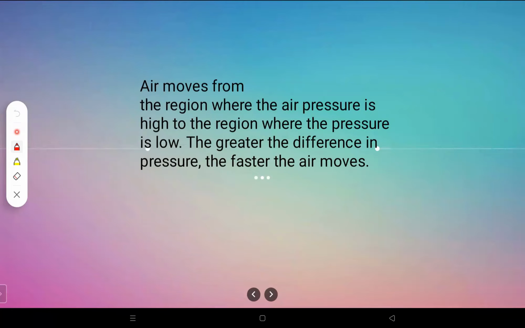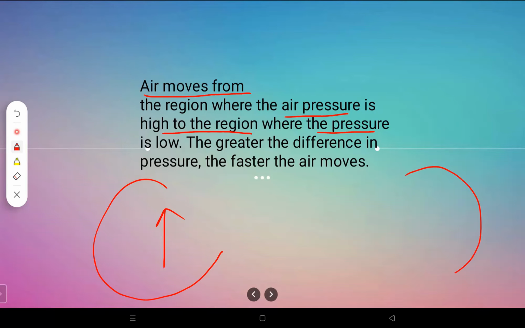So this is another characteristic. Air moves from the region where the air pressure is high to the region where the pressure is low. The greater the difference in the pressure, the faster the air moves. Think, in this portion, air pressure is more.